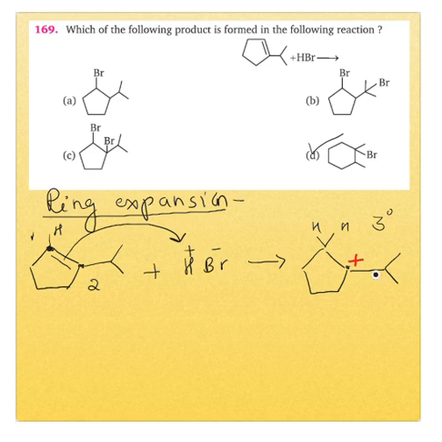Okay, now this carbocation wants to be still more stable. That means the ring will open up. How will the ring open up? The first thing that's going to happen is a hydride shift. What is a hydride shift? A shift of hydrogen from this carbon to this carbon.